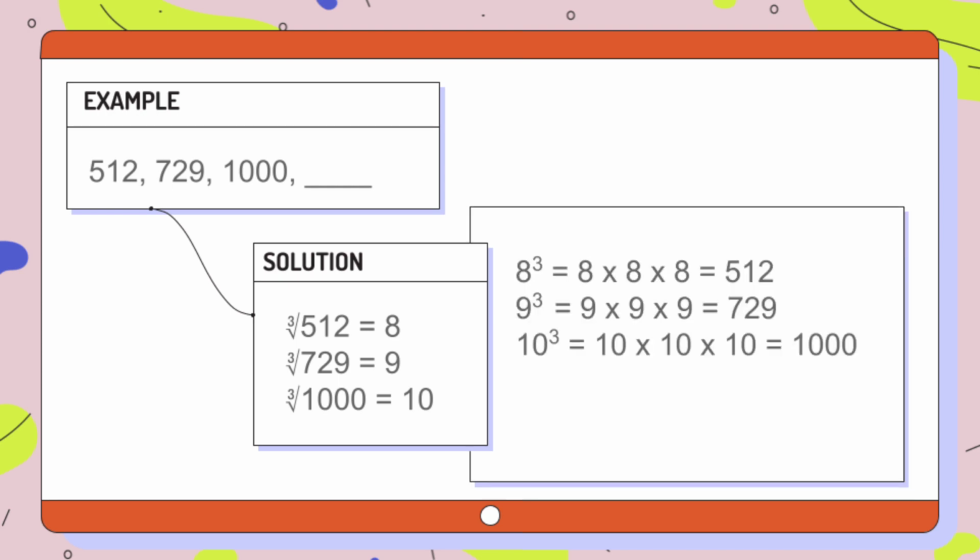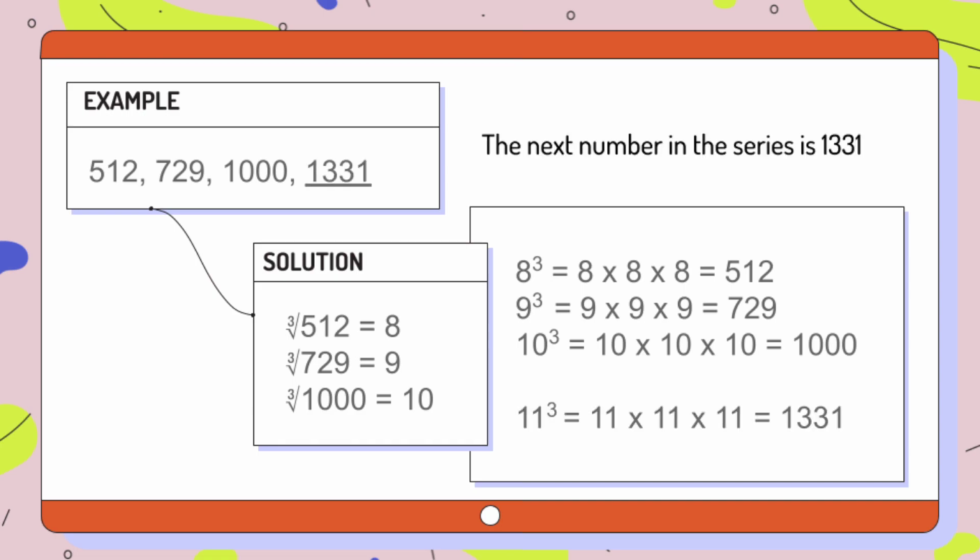Now, 512 is the same as 8 to the third power, or 8 times 8 times 8 is 512. 729 is 9 to the third power, or 9 times 9 times 9 is 729. 1000 is 10 to the third power, or 10 times 10 times 10 is 1000. Therefore, the next number in the sequence has to be 11 to the third power, or 11 times 11 times 11 is 1331.